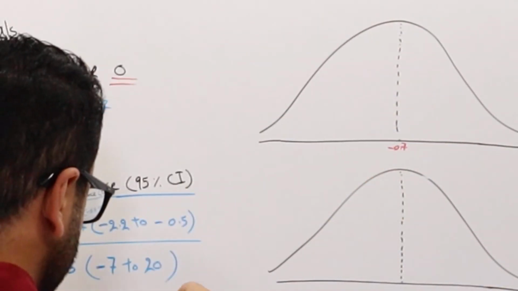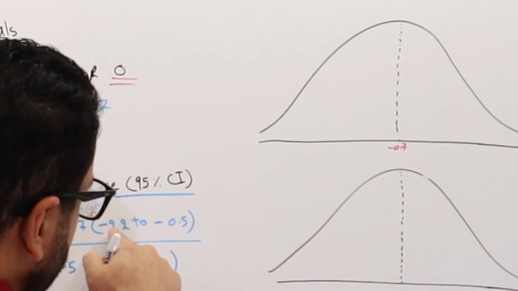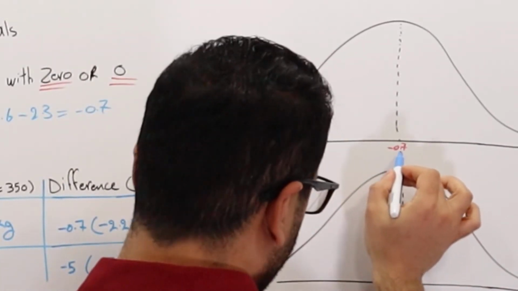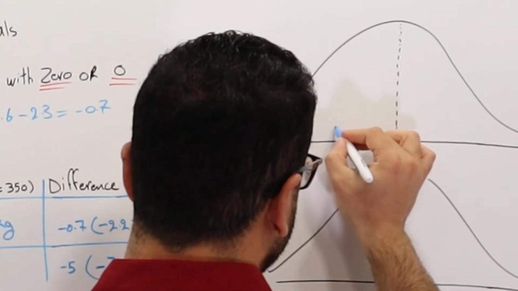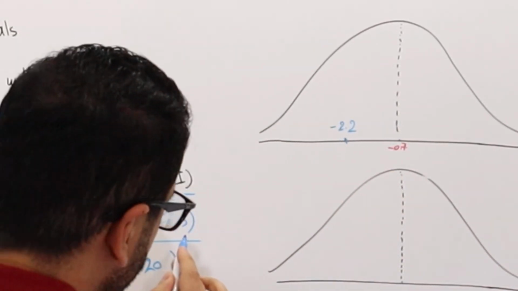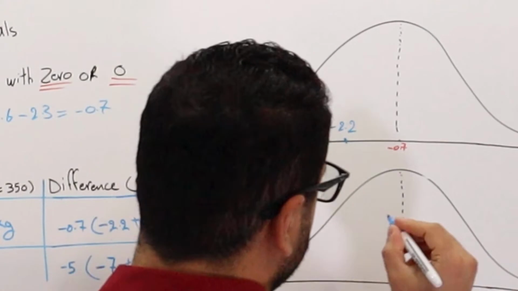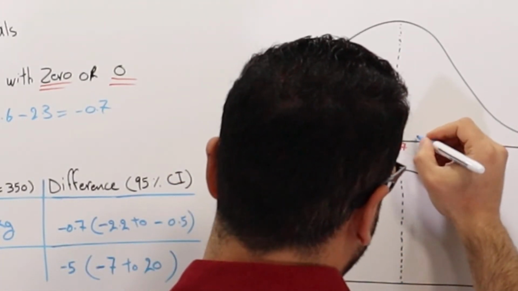The range is basically negative 2.2. So if this is negative 0.7, then negative 2.2 is going to be somewhere down here. And then we have negative 0.5. So if this is negative 0.7, then negative 0.5 is going to be somewhere down here.